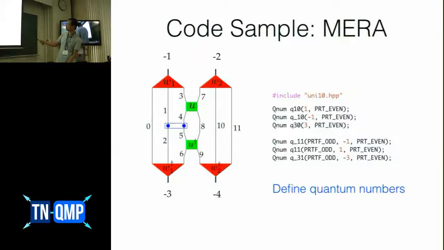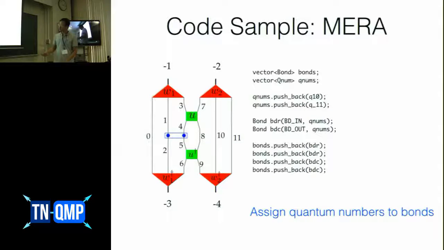So these are the quantum numbers I have, and then I collect them. I can define a bond. There are two types of bonds, an in bond or an out bond. So it's directional, and we actually store all the tensors as matrices. They correspond to the columns and the rows of the underlying matrix.